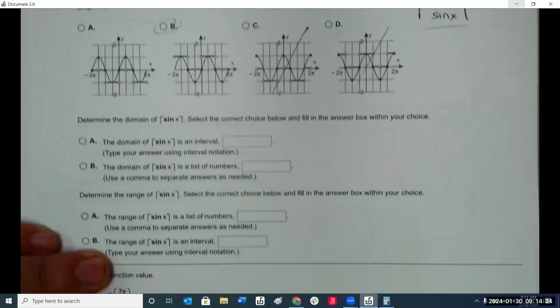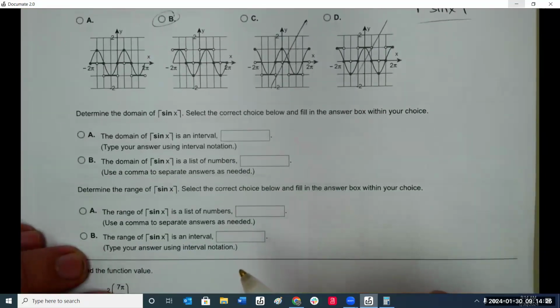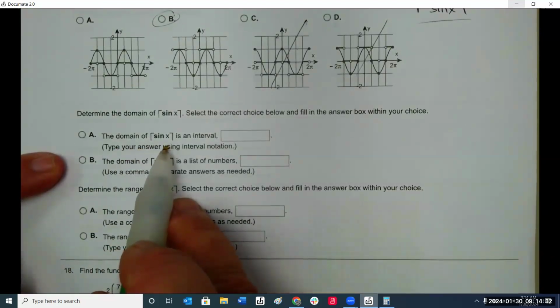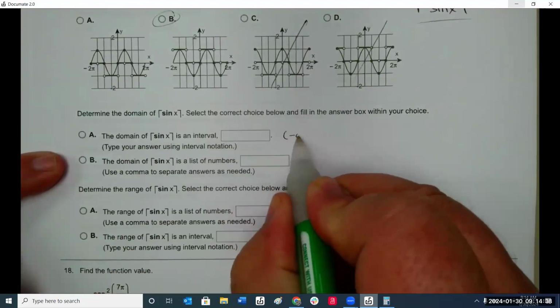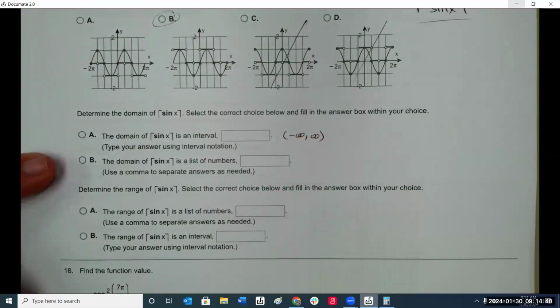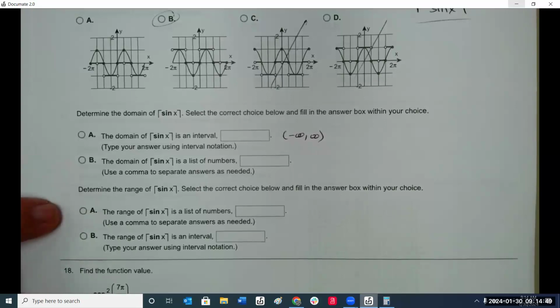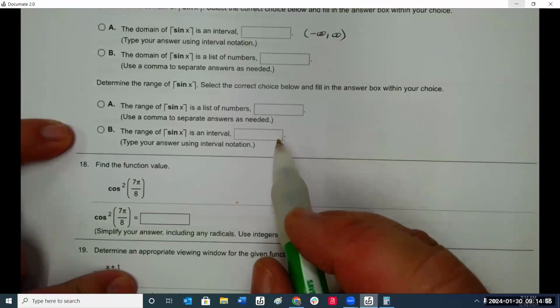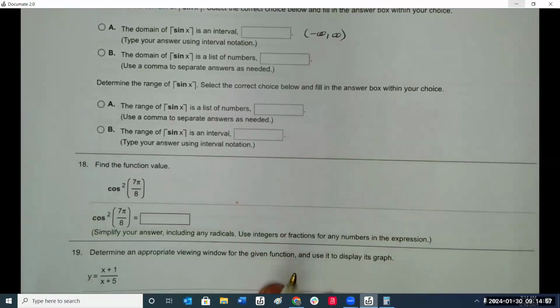So the domain of sine x is what? What's the domain of sine x? All real numbers? And the range of sine x? Is the range an interval or is it a list of numbers?